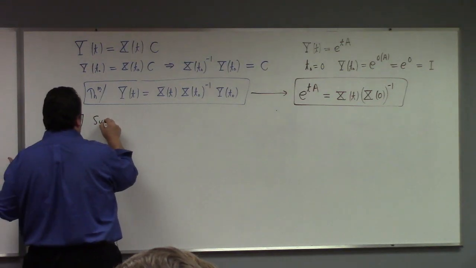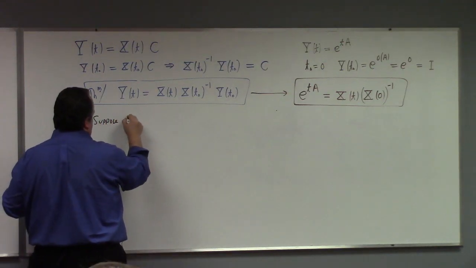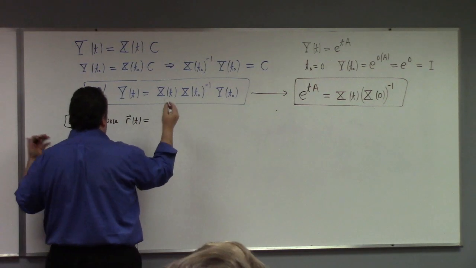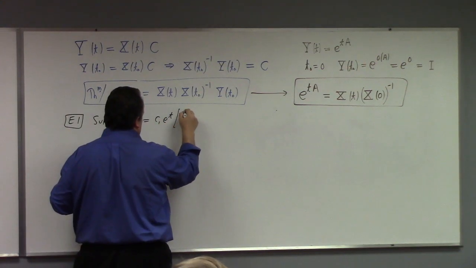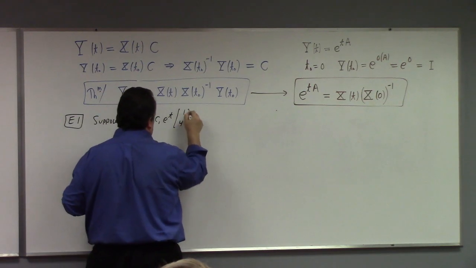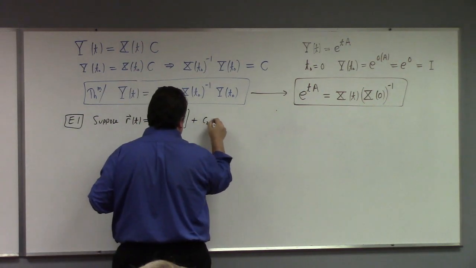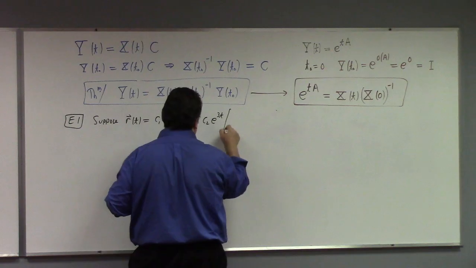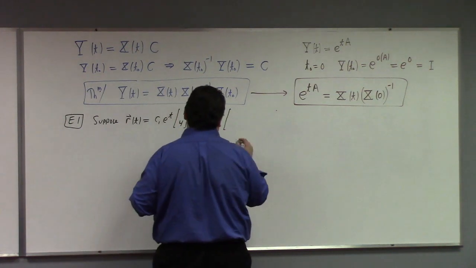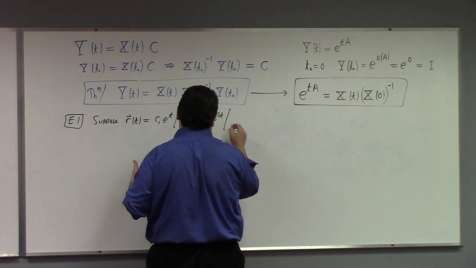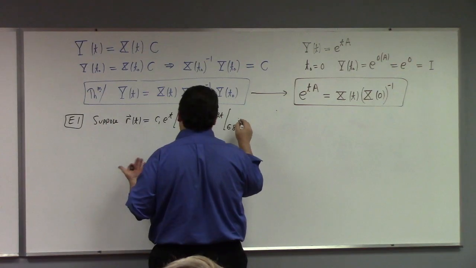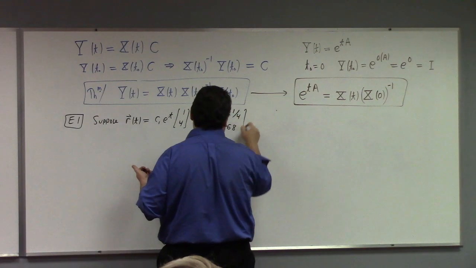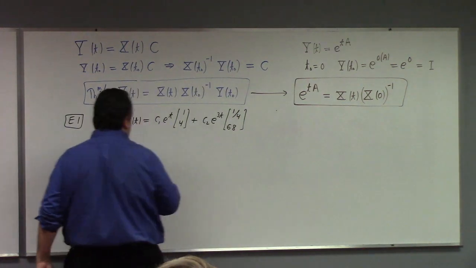So suppose you find r of t is, I don't know, c1 e to the t times 1, 4 plus c2 e to the 3t times, I don't know, 1/4 and 68. All right, great.